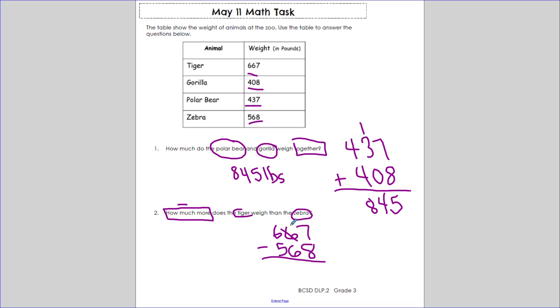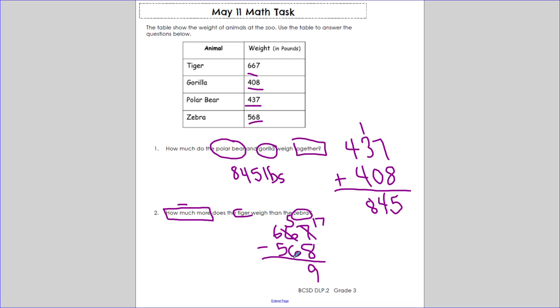My 6 is going to become a 5. My 7 is a 17. Now I can subtract. 17 minus 8. So I'm going to put 8 in my head, count up. So it's 8, 9, 10, 11, 12, 13, 14, 15, 16, 17. Using my fingers, I know 17 minus 8 equals 9. Now go to my tens place, 5 minus 6.